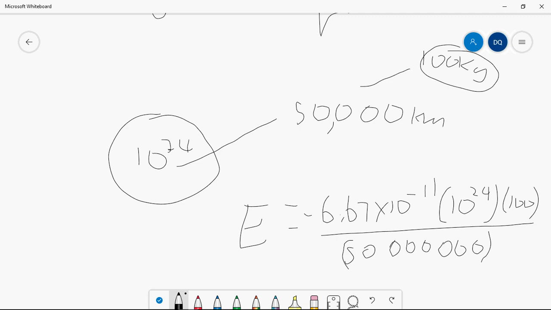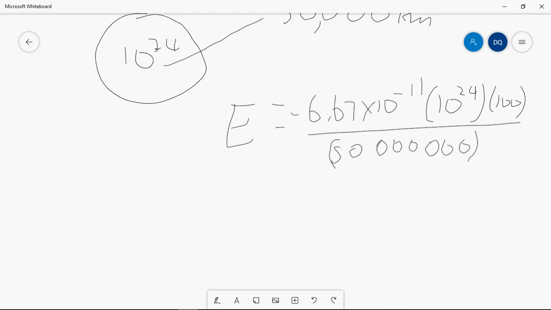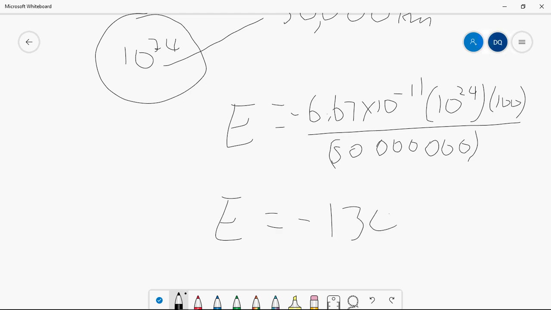And that's going to give us a gravitational potential energy of negative 1334, and then 5 zeros after it.